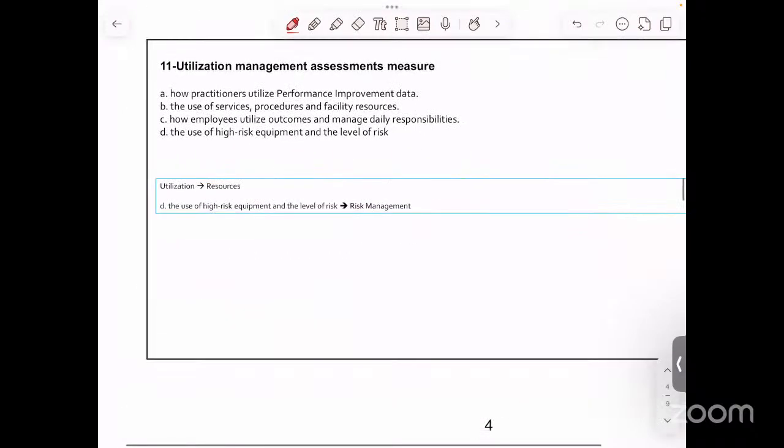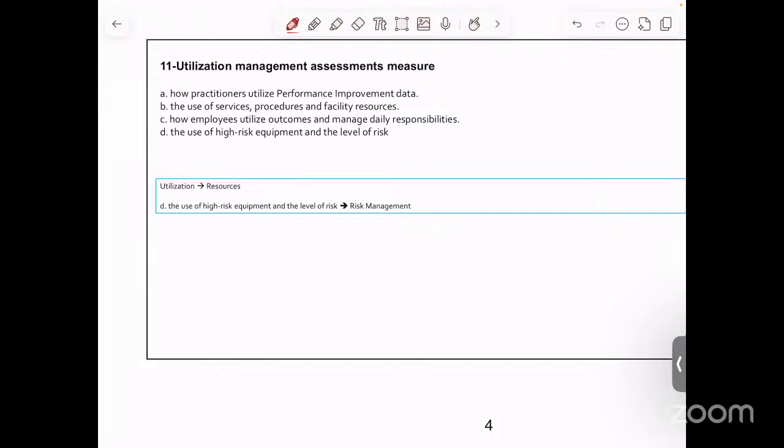Okay, number 11: utilization management assessments measure A, how practitioners utilize performance improvement data; B, the use of services, procedures, and facility resources; C, how employees utilize outcomes and manage daily responsibilities; and D, the use of high-risk equipment and the level of risk.